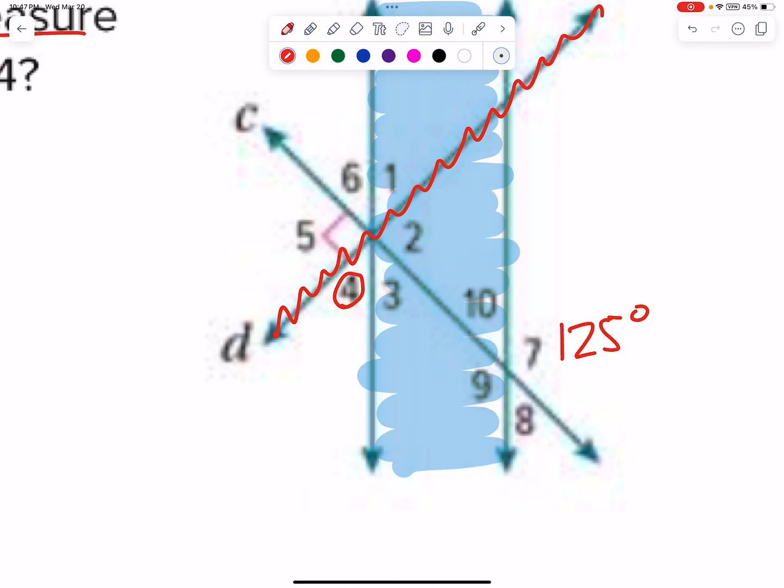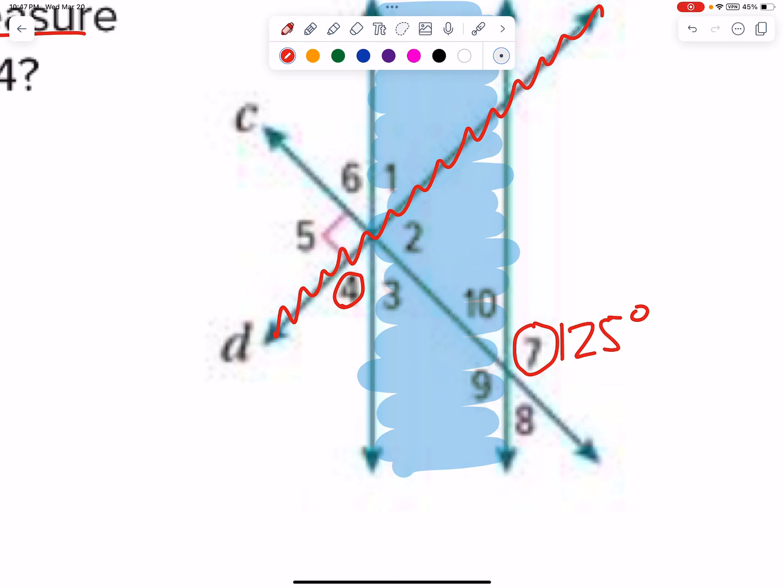So let's see, where can we go from number 7? We could look at alternate, maybe we should look at corresponding angles. If I look at corresponding angles, where would that be?